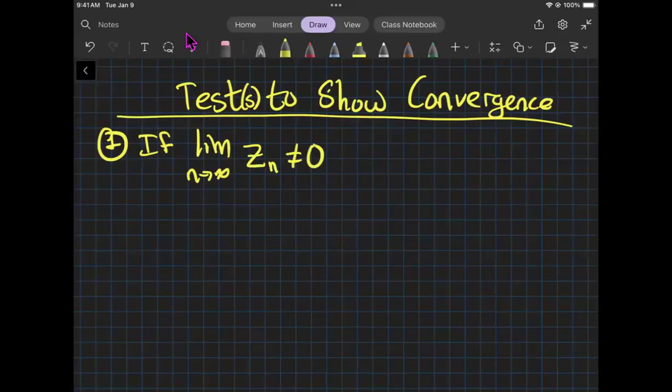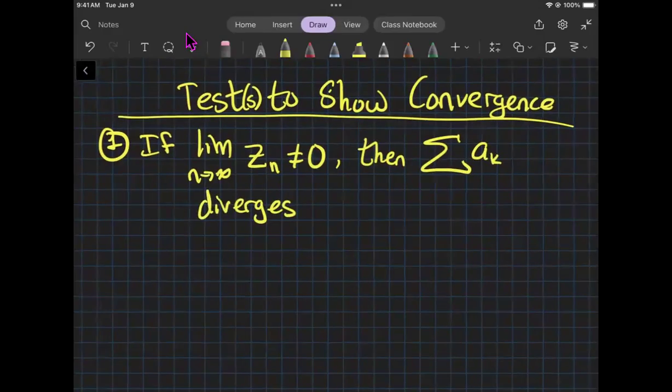It goes like this: if the limit as n goes to infinity of z sub n does not equal 0 plus 0i, then we can say that the series of z sub k diverges. This is what's called the nth term test for divergence.